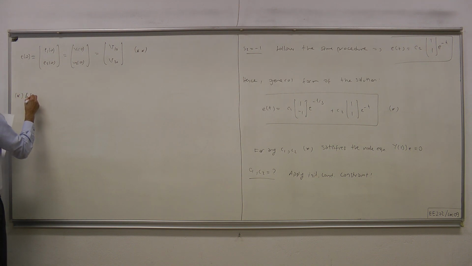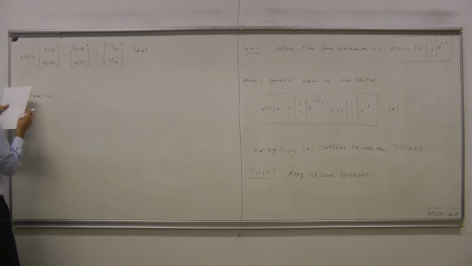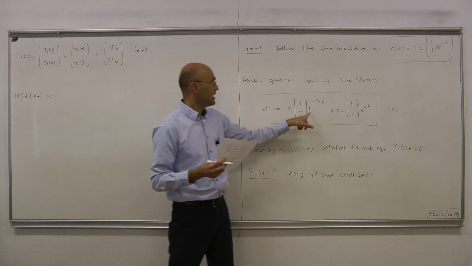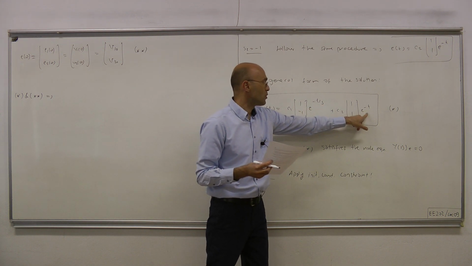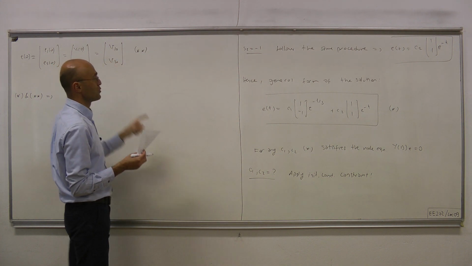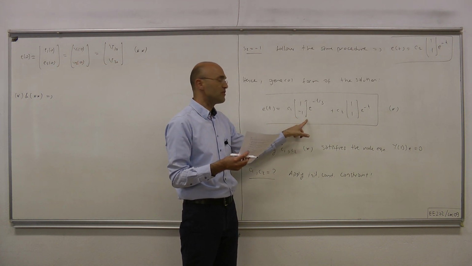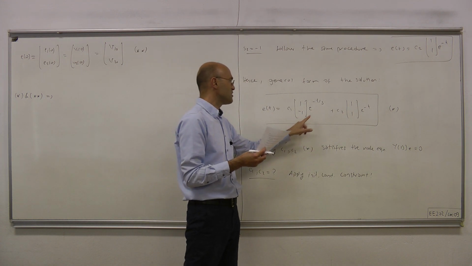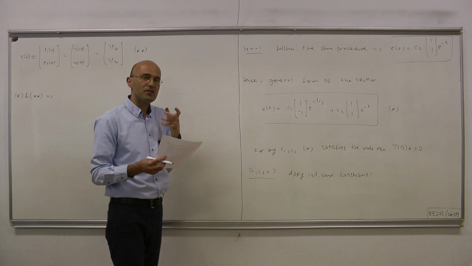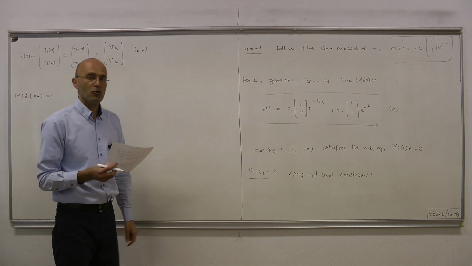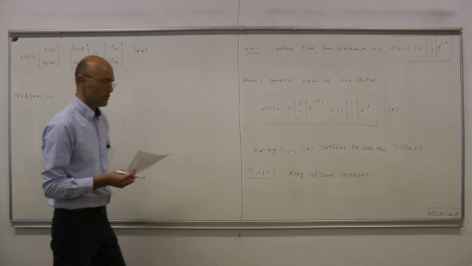Star and double star imply what? Plug in t equals 0. E to the minus t over 3 is 1, and this is also 1. So we have E of 0, which is V1(0), V2(0), equals C1 times this vector plus C2 times that vector. Now C1 times this vector plus C2 times that vector can be written nicely as some matrix multiplying the vector of unknowns, which is the vector of C1 and C2.